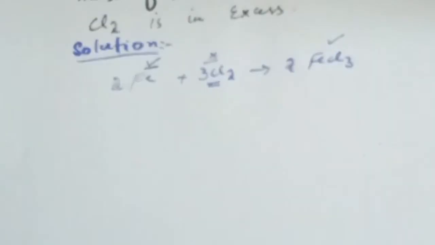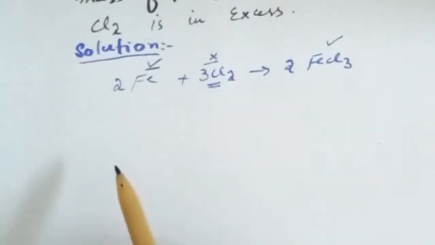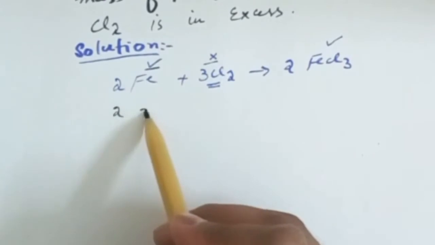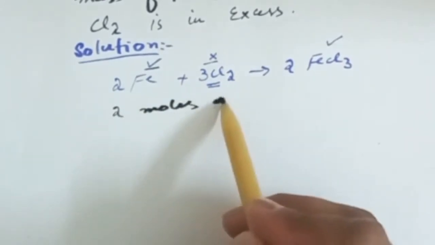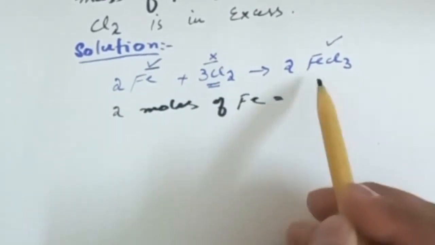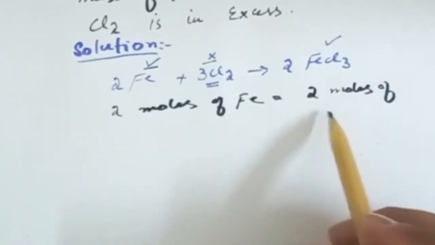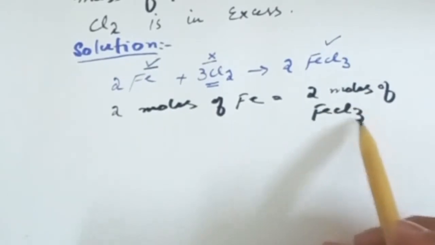over those which are required and which are not required. Now the knowledge obtained from this balanced chemical equation is that 2 moles of Fe produce 2 moles of FeCl3.